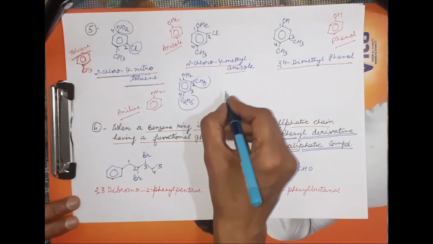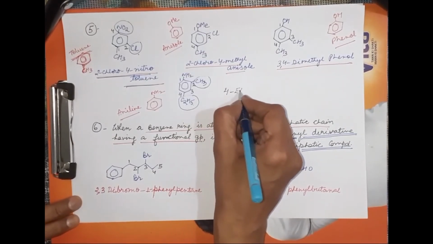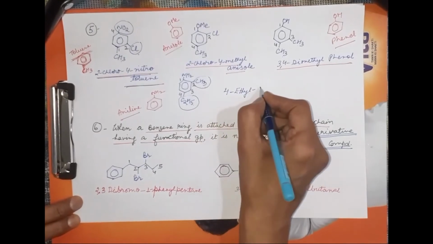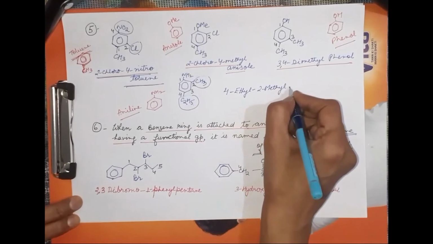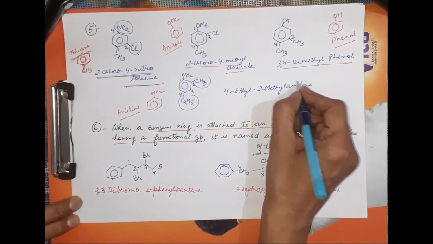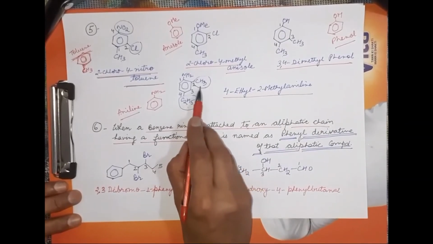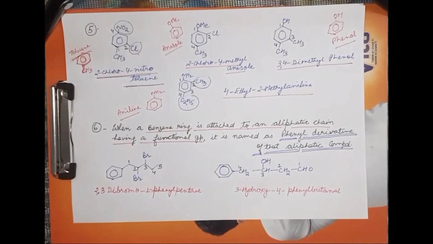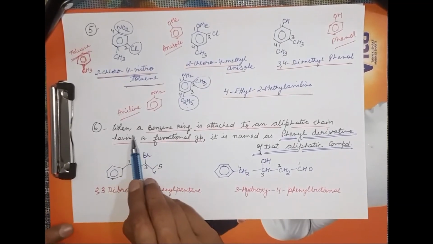The ethyl group will be written first: 4-ethyl, 2-methyl aniline. So this will be the name.